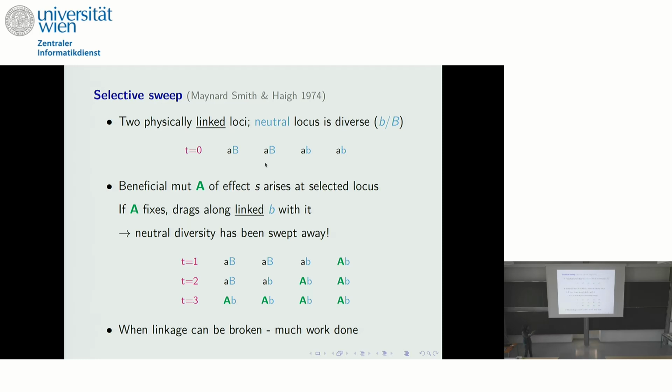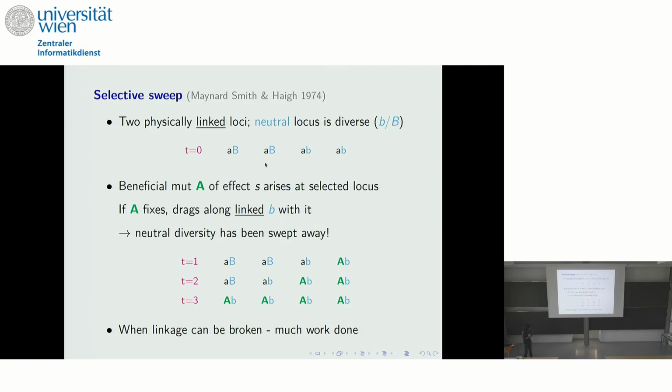Initially, I have neutral diversity because I have both types of alleles at the neutral locus. At some point, a beneficial mutation occurs at the first locus, and it occurred with the little b allele. Provided this capital A does not get lost, because by fluctuation it can get lost, it will spread through the population. But you see what happened.